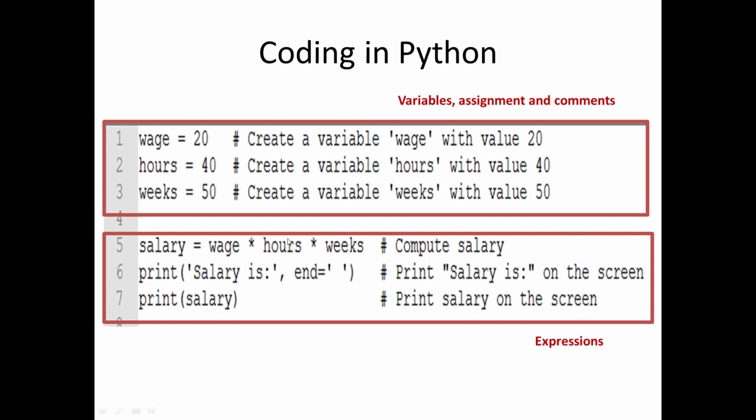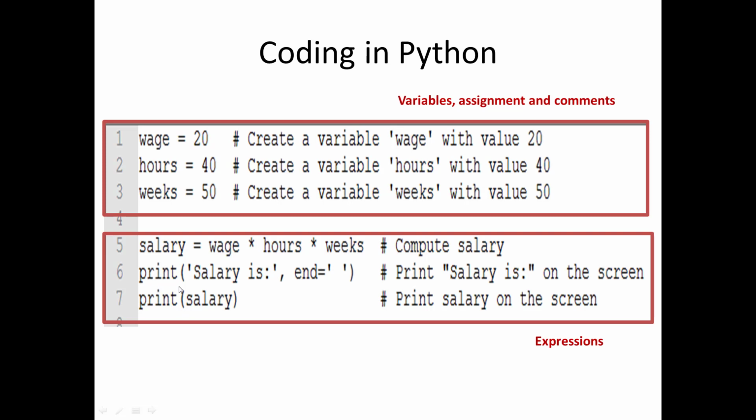Now we have an example of more expressions. Notice an expression is a series of values, a series of code here that results in a value. So this value goes into a variable called salary, and that equals wage times hours times weeks. Here's another comment.